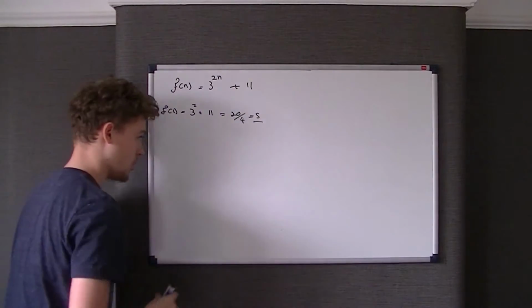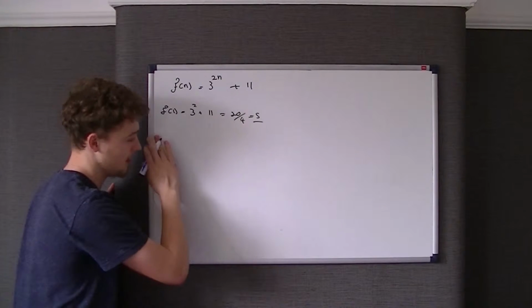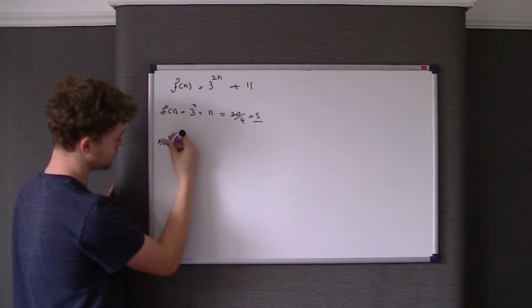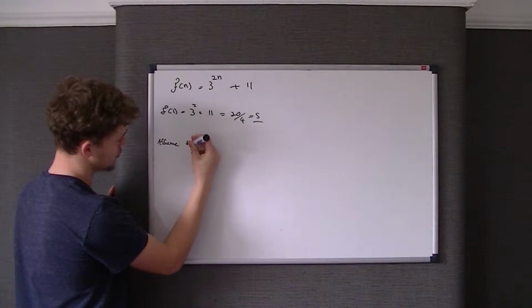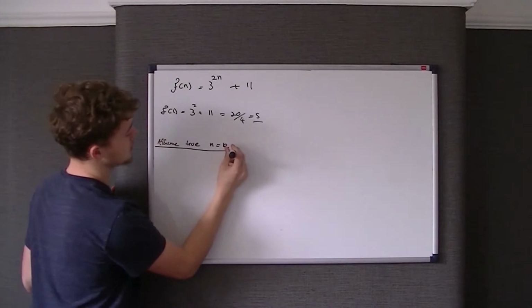If it's true for 1, you don't need to show it's true for 2, because it's not a series, so you can just assume it works. So you assume it's true for n equals k. In other words, you sub k where you would see n.